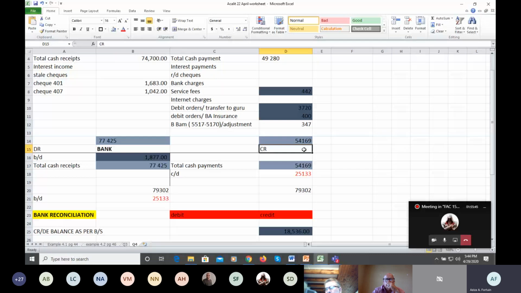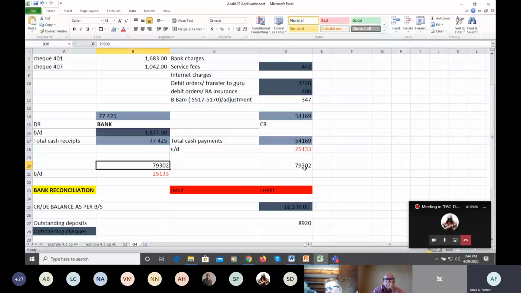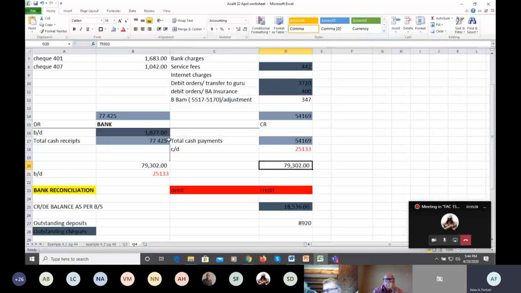I add it up, and my highest value is 79,302, so I put 79,302 on both sides. I take 79,302 minus 54,169 and get a carried down value of 2533, sitting on my credit side.